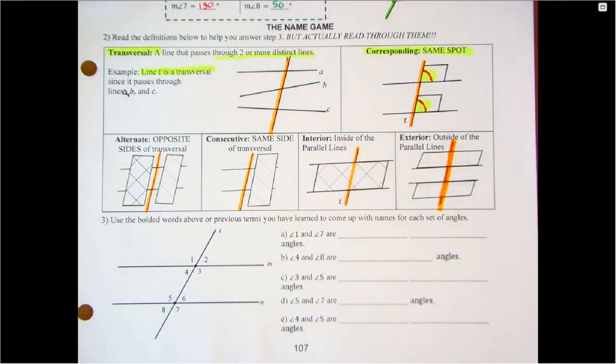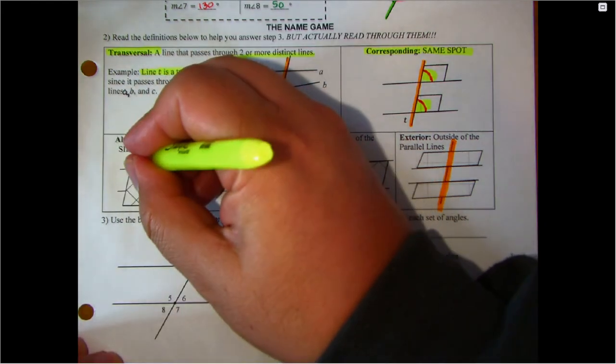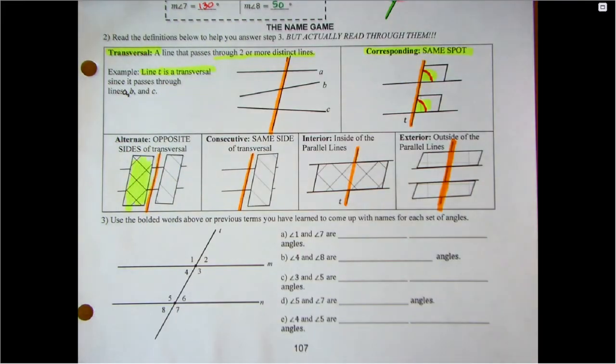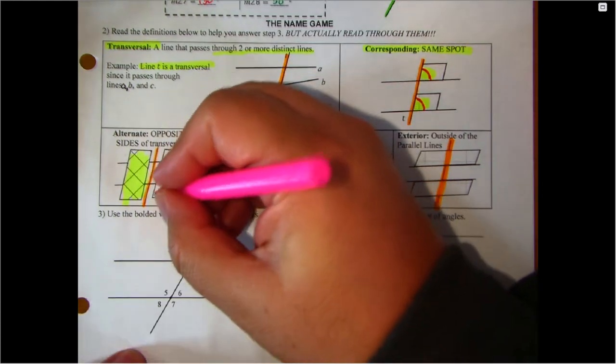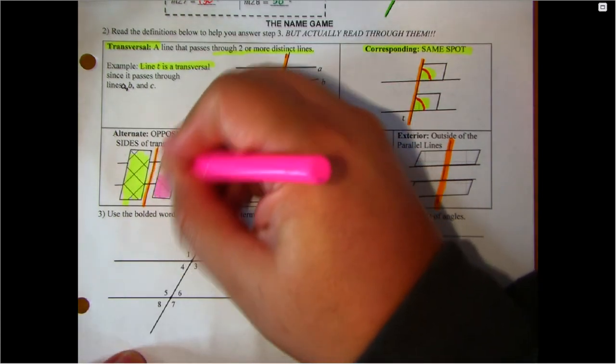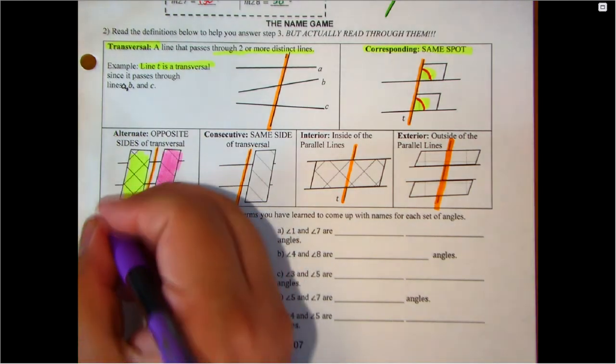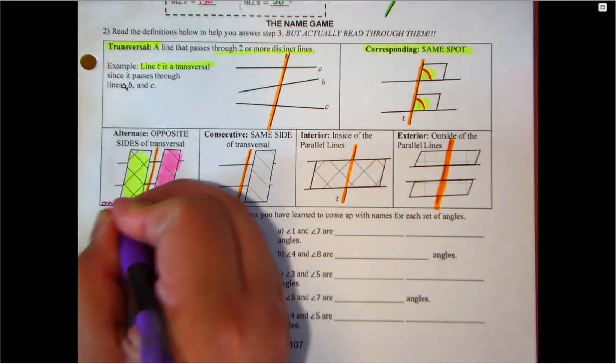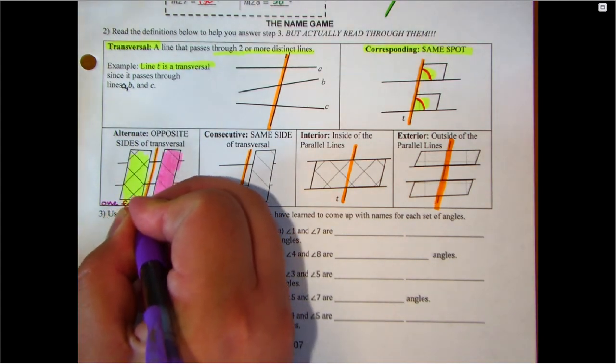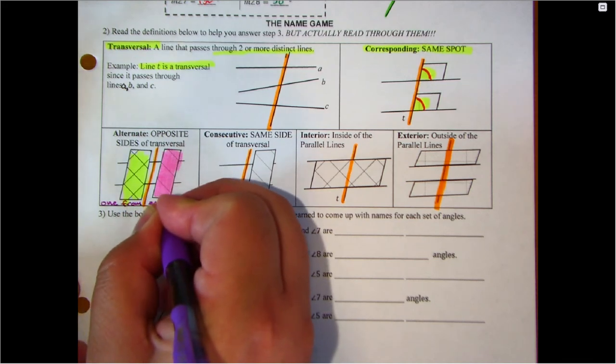Now, when they say alternate, it says opposite side of the transversal. So that means if you have something on this side, then you need to pick something. The other one has to be from this side. So we're going to make that little note. It's 1 from each side.